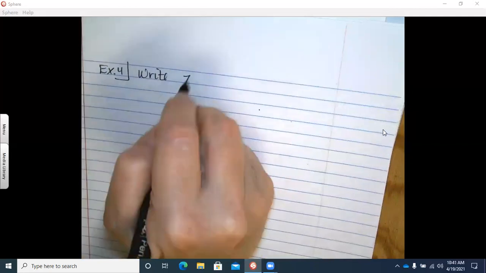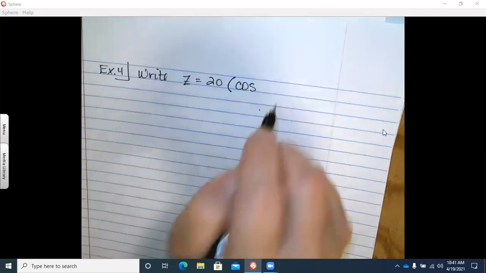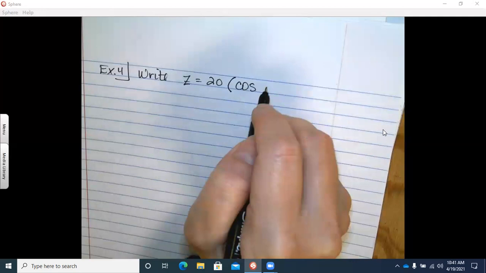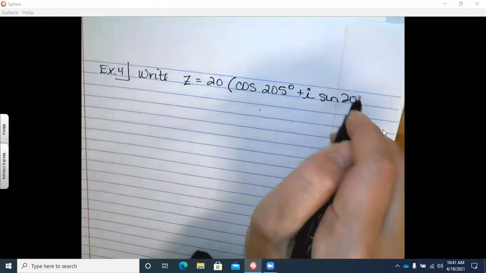We are going to write z equals 20, open parentheses, times the cosine of 205 degrees, plus i times the sine of 205 degrees, in rectangular form.